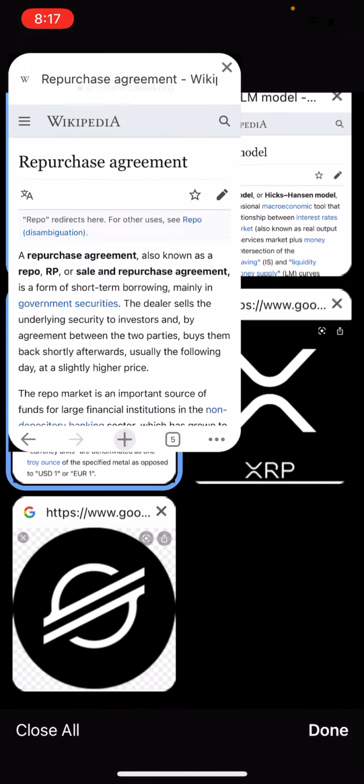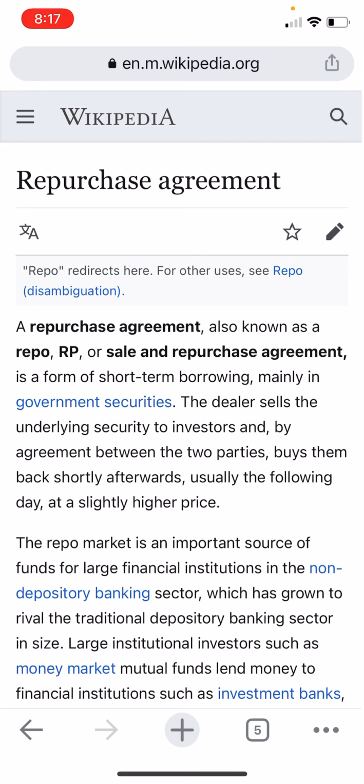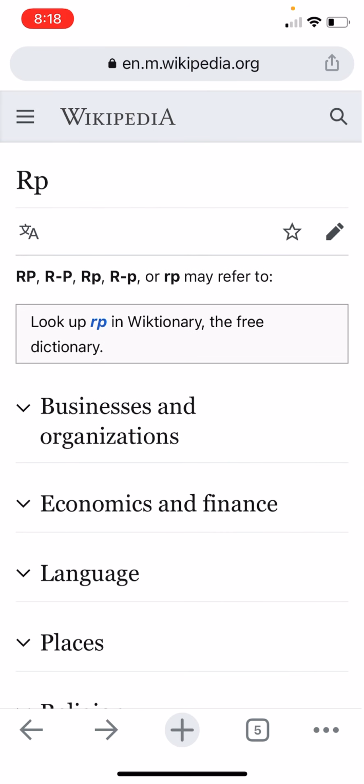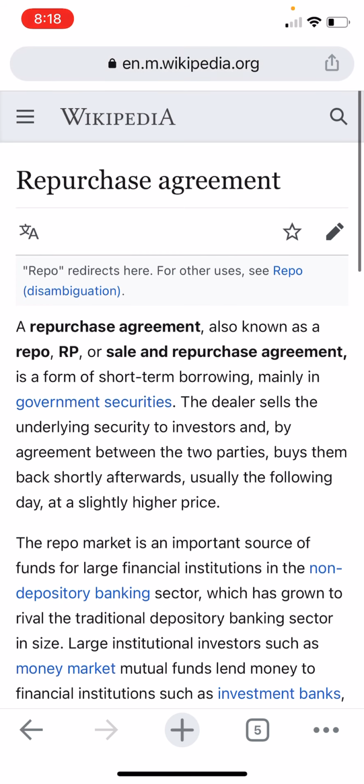And if you look at here, an XRP, an RP in economics and finance is a repurchase agreement, also known as a repo or a sale and repurchase agreement. It is a form of short-term borrowing, mainly in government securities.